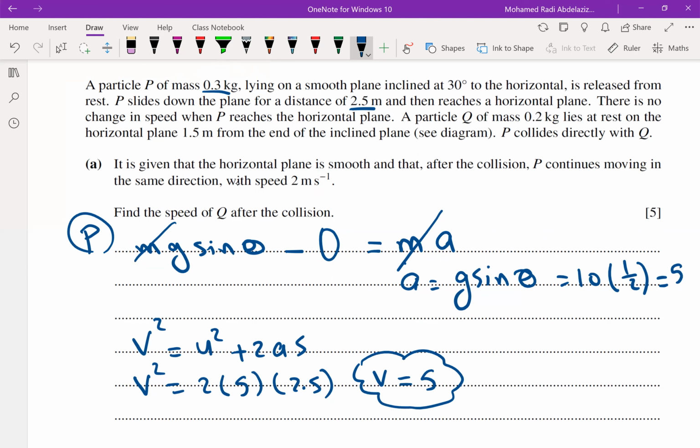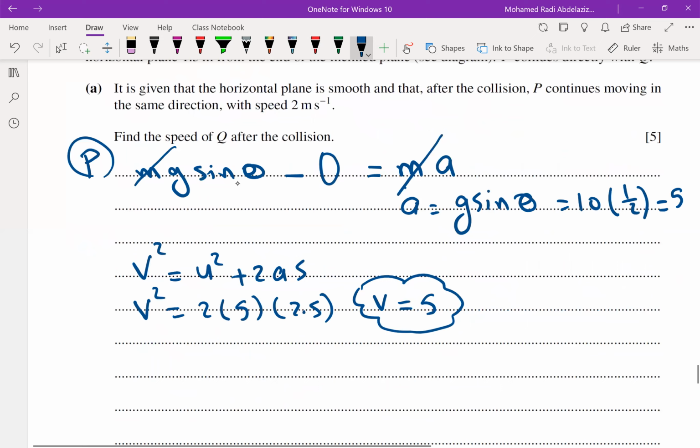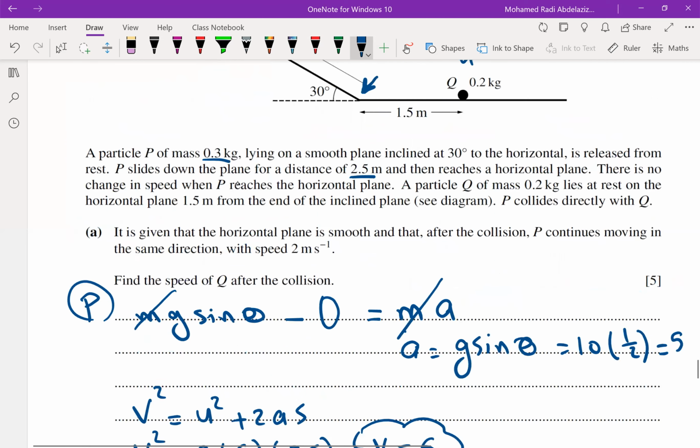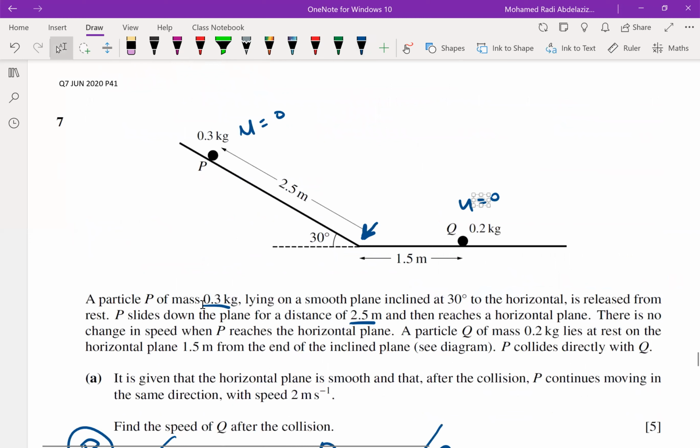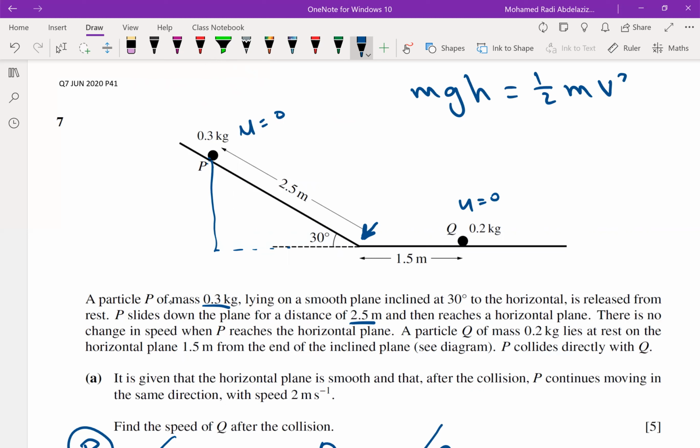We can calculate this value by using energy: loss in potential energy is equal to gain in kinetic energy. When you release particle P, you can find the vertical height, because it's smooth. So mgh is equal to half mv squared. Loss in potential energy is equal to gain in kinetic energy. You can cancel mass with mass.